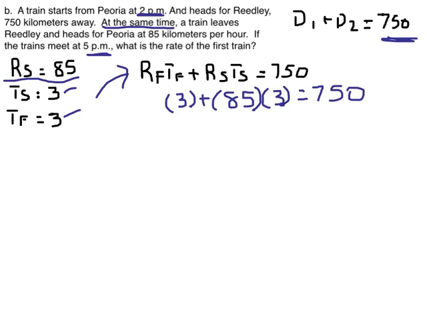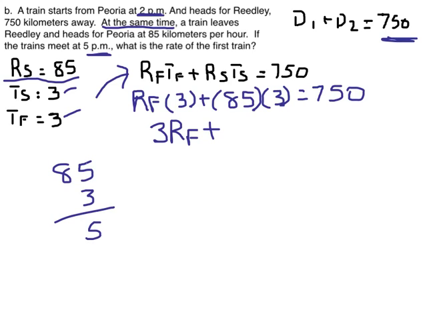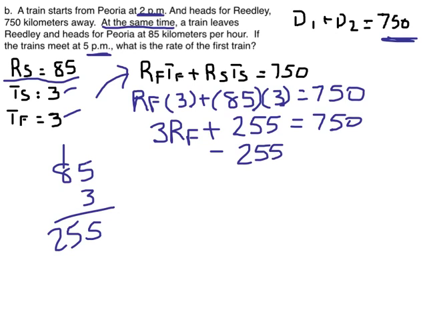And we are trying to find RF. So we have 3RF plus 85 times 3, which is 255, equals 750. Subtract 255 from both sides.